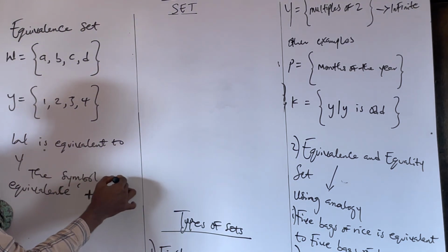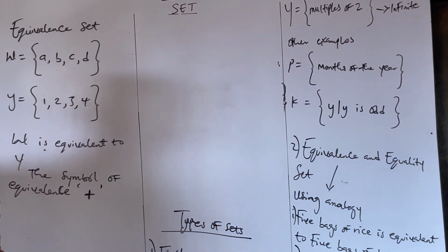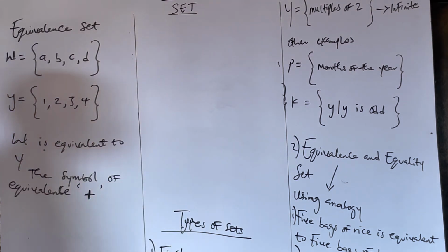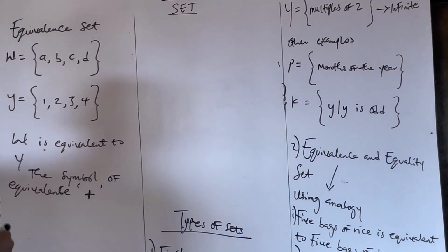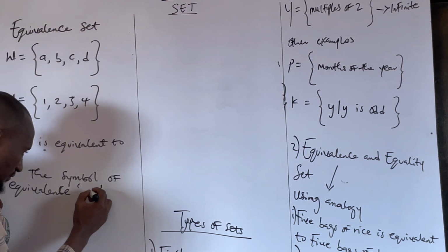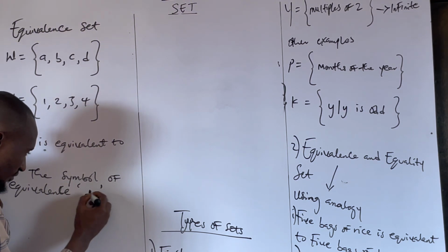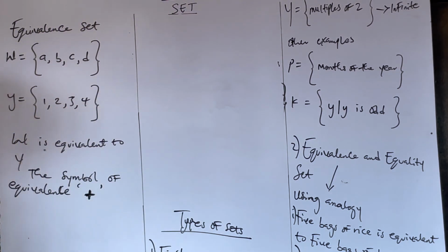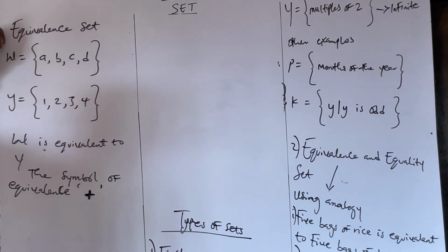The symbol of equivalence is plus. Let me shade it. It's plus. So, which means W is equivalent to Y. Do you get the point now?